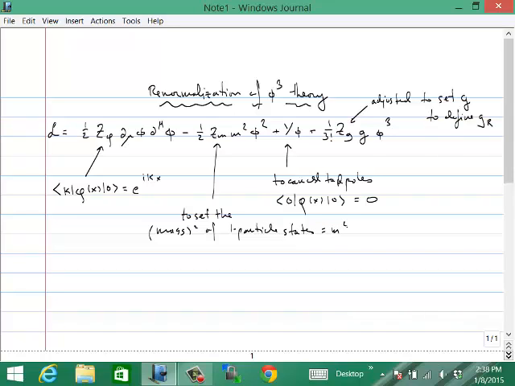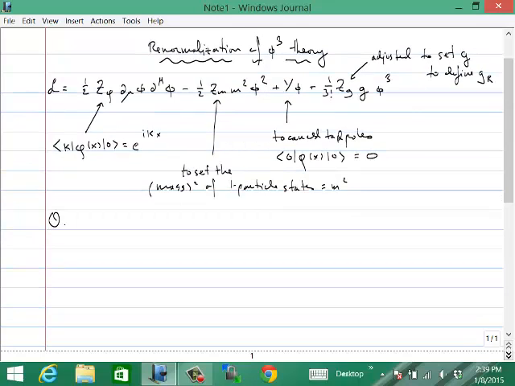Okay. So we have 4 conditions, 4 physical conditions that we're imposing for these 4 unknowns. And all we need to do is enforce those conditions order by order in perturbation theory. So for example, at tree level, so at order g to the 0, when we turn off that coupling, z sub phi is just equal to 1, and so is zm and zg, and y is equal to 0.